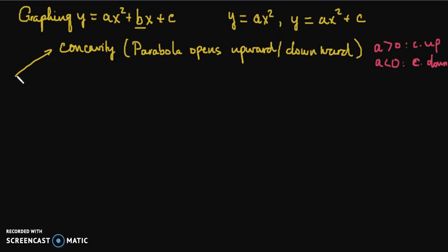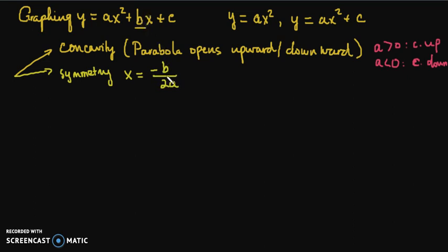The next concept that we already learned is about symmetry. Symmetry around the symmetric line x equal to negative b divided by 2a.